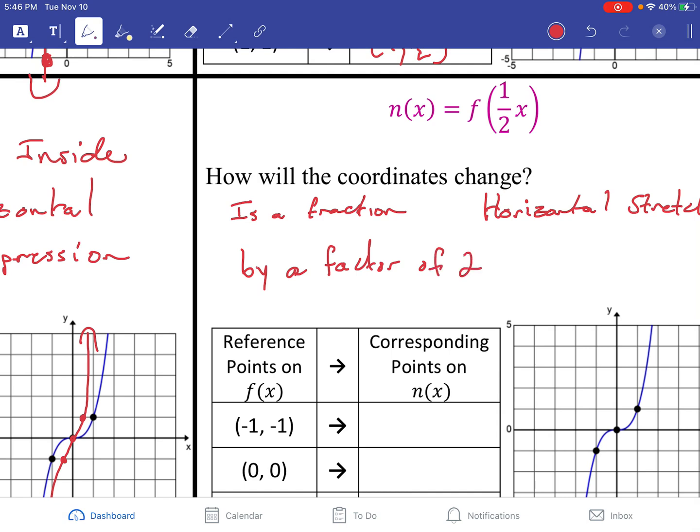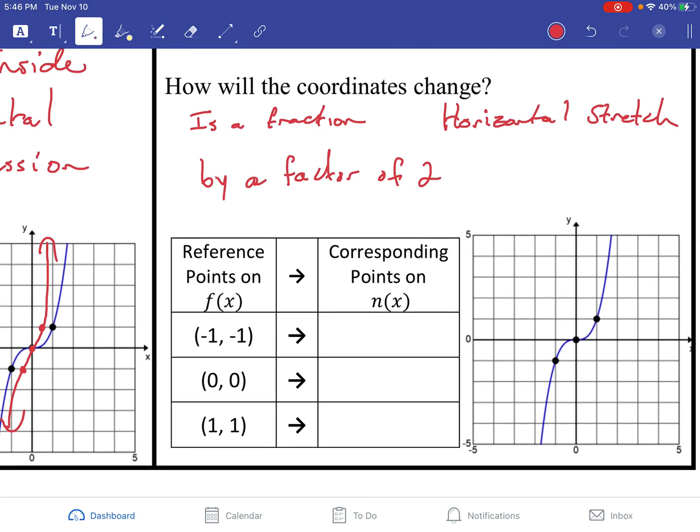Okay, so what we're going to do in this case is multiply the x terms by 2. Okay, so we have -2. We have 0, 0 still. We have +2. So now you're going to stretch it out along the x-axis. So we have -2 and -1, which is here. It's going to make it fatter.